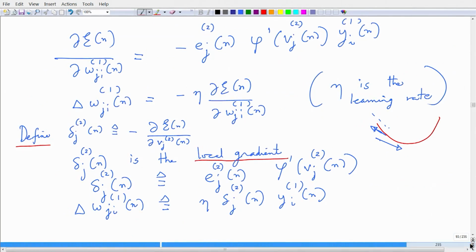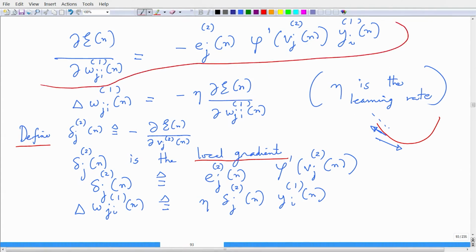Now we get our partial derivative of the total instantaneous energy with respect to the synaptic weight Wji within the hidden layer, and that evaluates to this quantity. This is straightforward. Just multiply all the terms within the chain rule, and you get this quantity here.